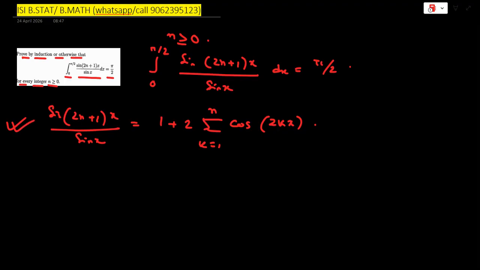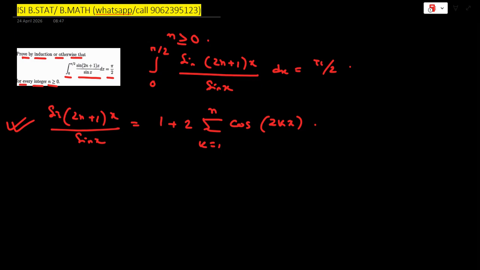This is a very famous identity. Now this is the moment where the ISI students either become legends or close the paper. This identity comes from complex numbers, or the sum of cosines, or the geometric series.